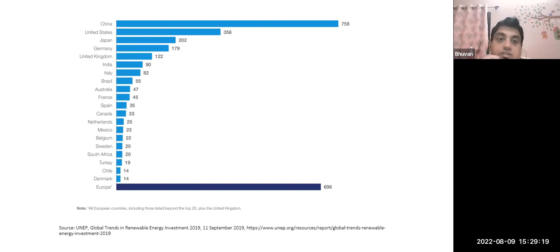Then we have the United States, followed by Japan, Germany, United Kingdom, and next to it is India, Italy, and Brazil. So this diagram gives you an overall picture of global trends in renewable energy investment. Mind you, this is the data of 2019.